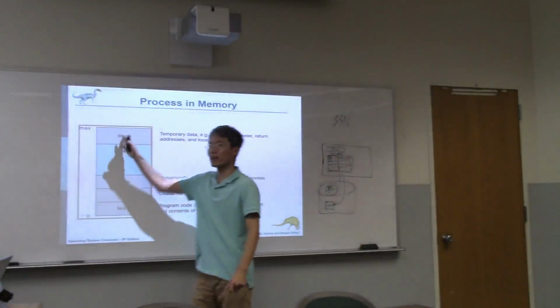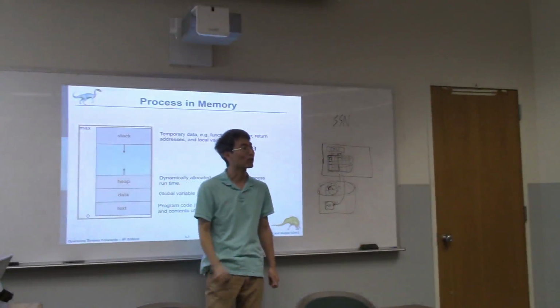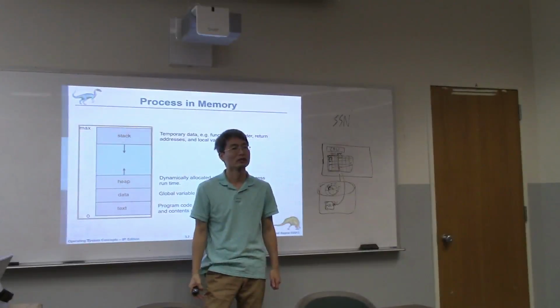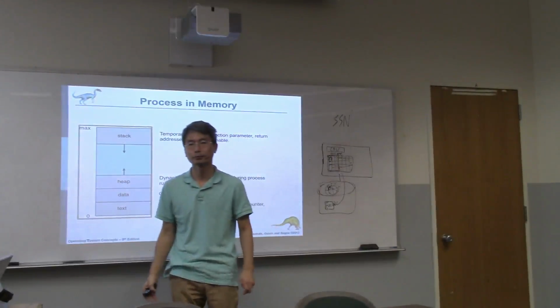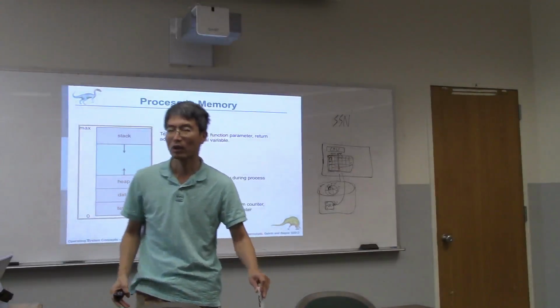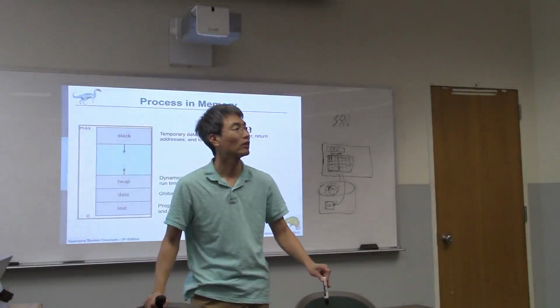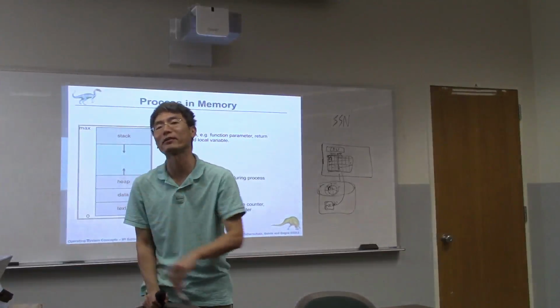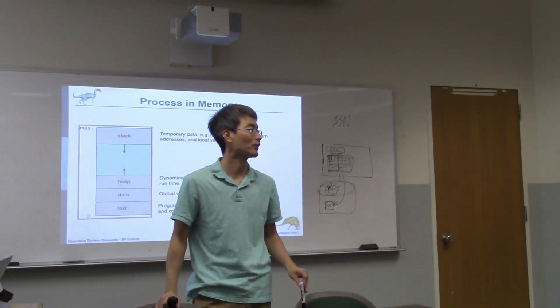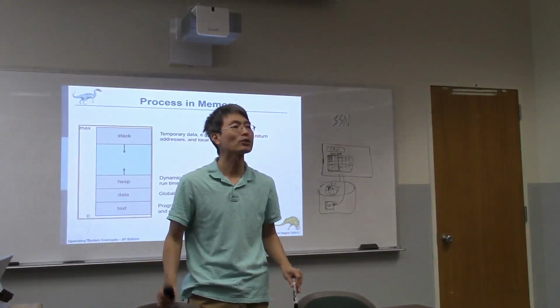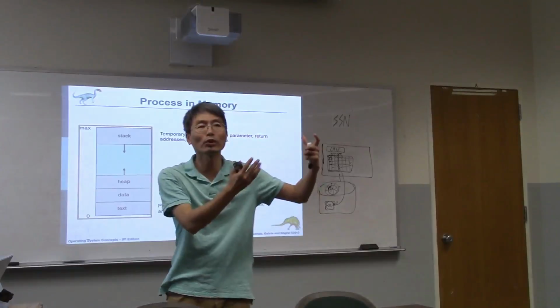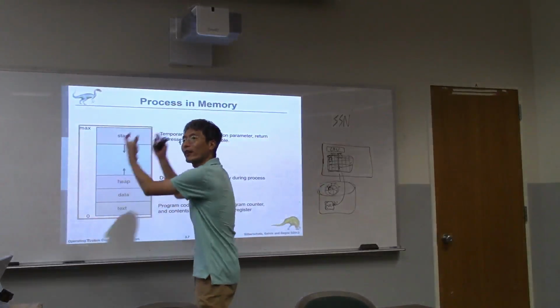Anyway, that is a stack. So the stack will be used for temporary space. If you took the microprocessor class, how can you temporarily save the register information? Using the stack. You can put all the register information on the stack temporarily.